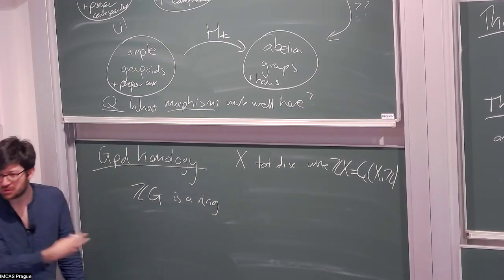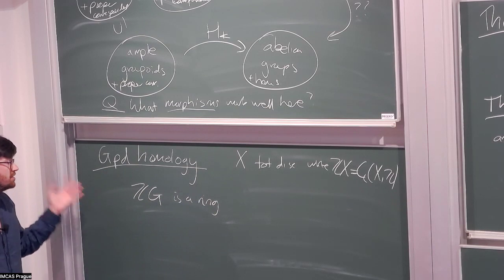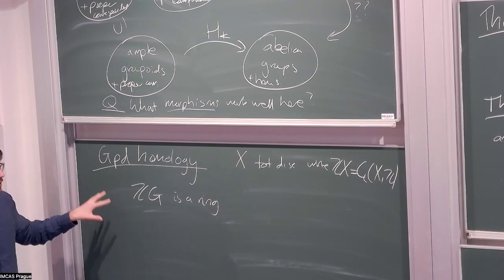Well, it's a locally unital ring, so it doesn't necessarily have a unit, much like C-star algebras aren't necessarily unital. They just always come equipped with approximate units. This is a locally unital ring with convolution.